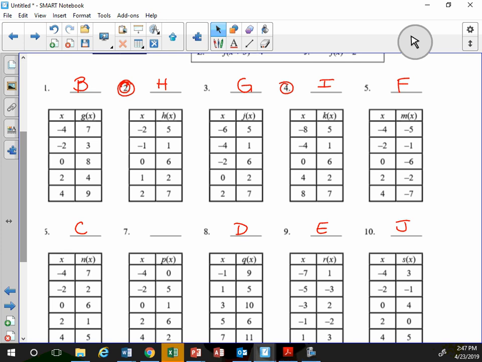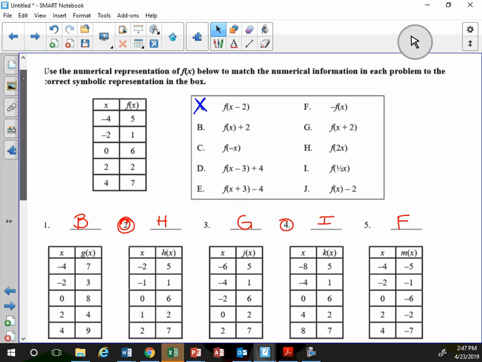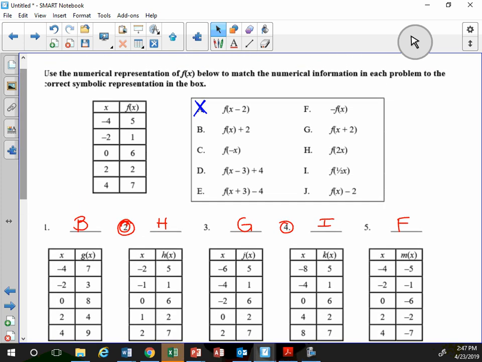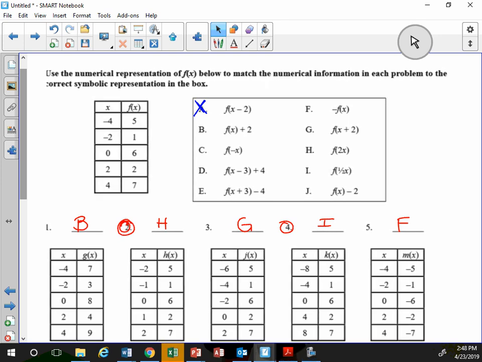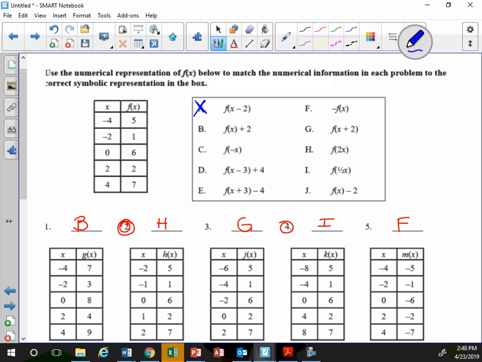All right, should we look at H and I? Now, guys, H is saying f of 2x. If I were to just leave this column as it is and do 2x, 2 times negative 4 would be negative 8, right?